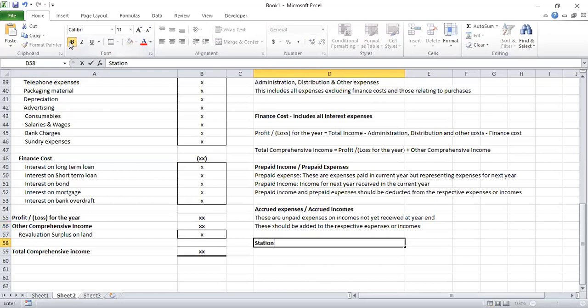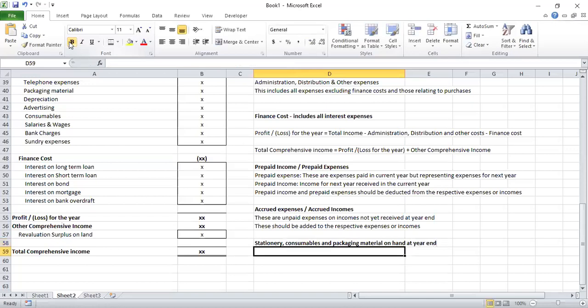Right. Stationery, consumables, and packaging material on hand at year end. Remember, we are preparing the profit or loss for the year. So if we bought a lot of bond paper, but some of that bond paper is still in inventory at year end, it should not be included in the expenses because it has not yet been used. It will be used the next year. We should use it in the year that it is used.